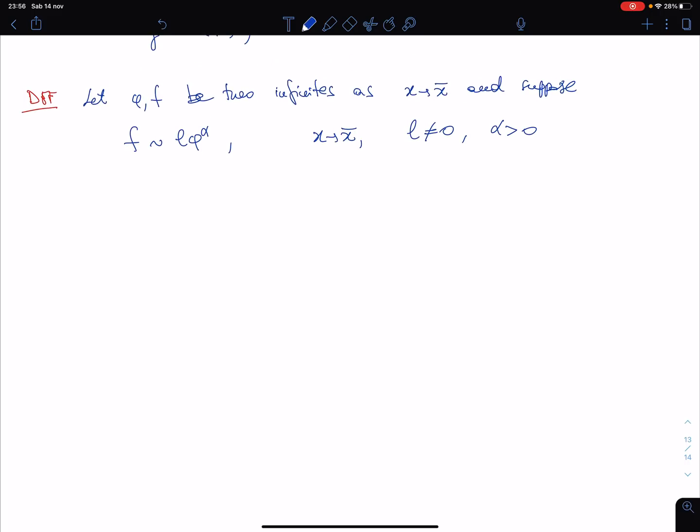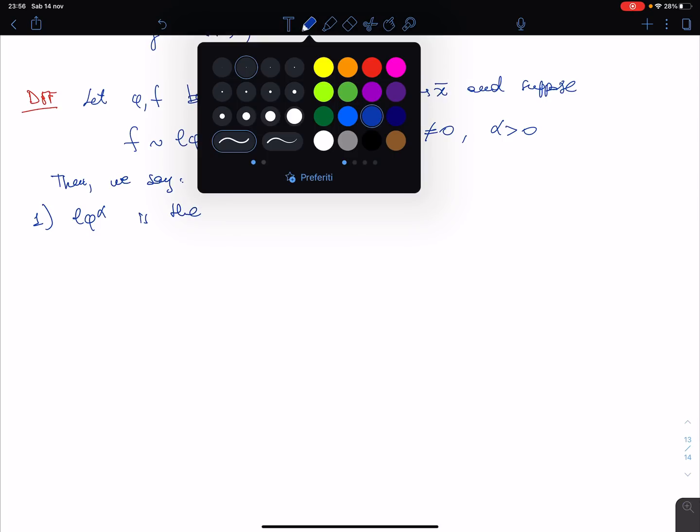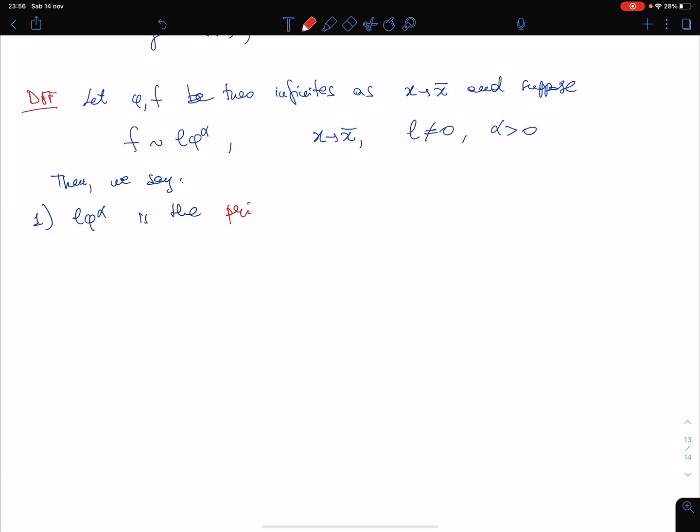Then we say first that L phi to the alpha is the principal part of f with respect to the sample phi.